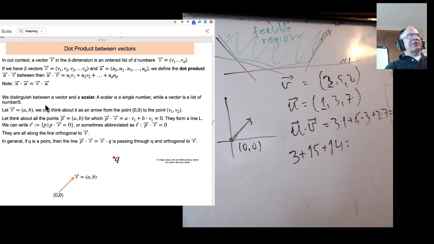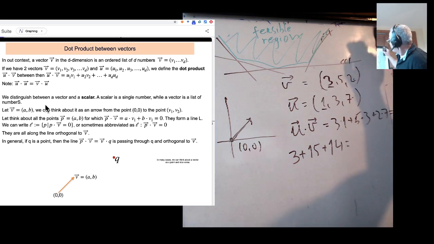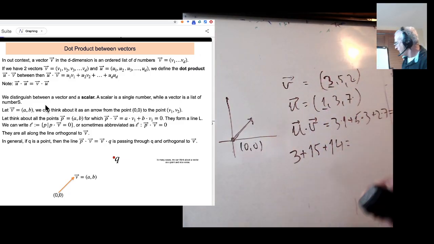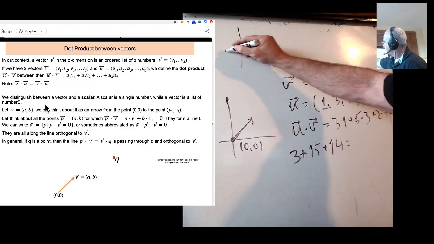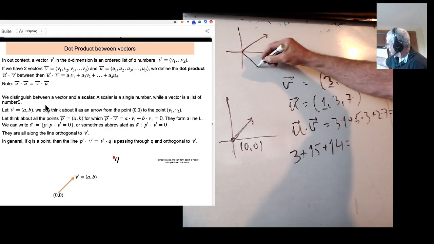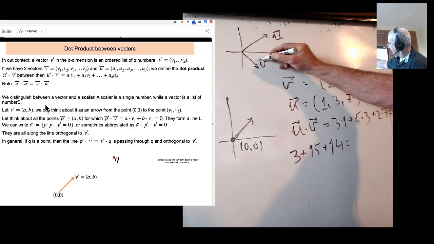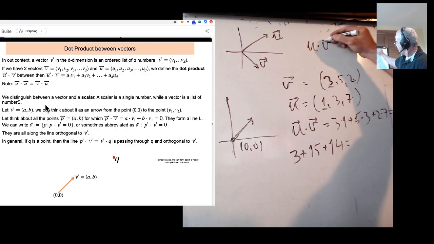And now it has lots of geometric meanings as well. Namely, if I have two vectors, these were vectors, of course, in 3 dimensions. There are 3 numbers over here, X, Y, and Z. If I have two non-zero vectors, I can think about them as arrows emerging from the origin, and here is the u vector, here is the v vector, and I'm asking what is u dot product v.